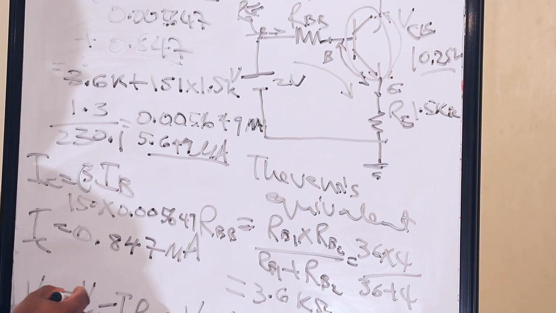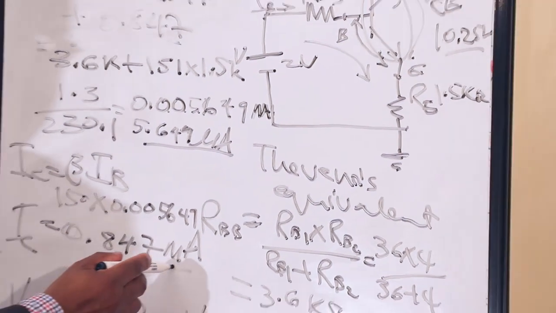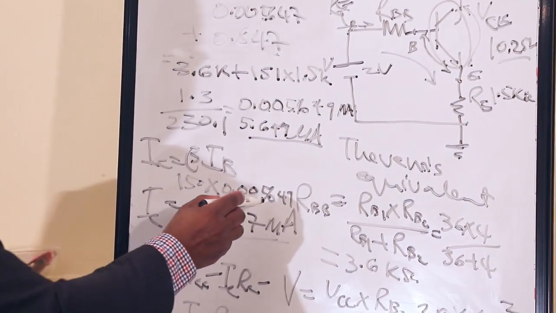Our IC is this one, and our IB is this one.